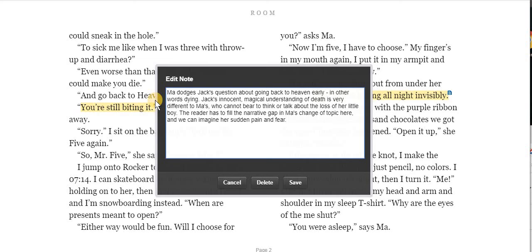So I think in that not answering, that turning away, that evasion from his question, there's pain and there's fear and there's terror. And an intelligent reader, an attentive reader will spot that. And the reader will understand what will be going on inside of Ma and understand why Ma can't deal with this and can't respond back to Jack.